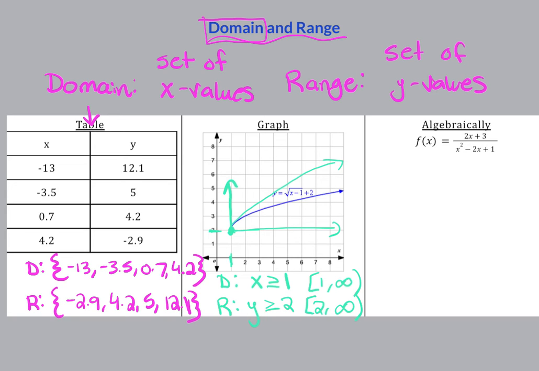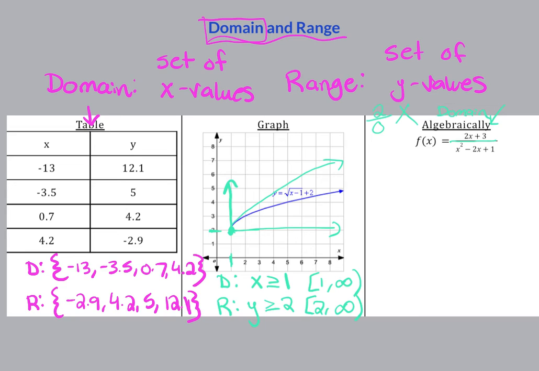All right, so last thing, looking at specifically focusing on domain for this last one. So what are possible x values that work? Well, we have this fraction, and all I know is I can't divide by 0. So for example, 2 divided by 0, can't do that.